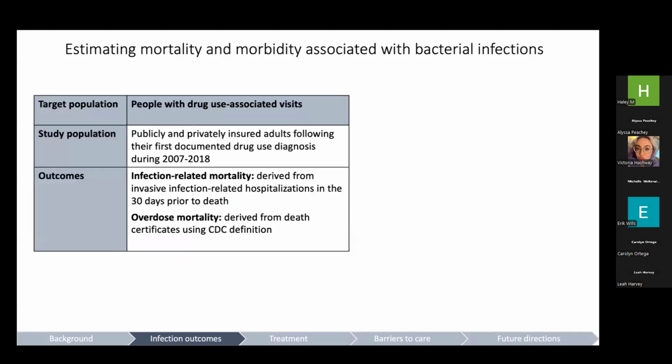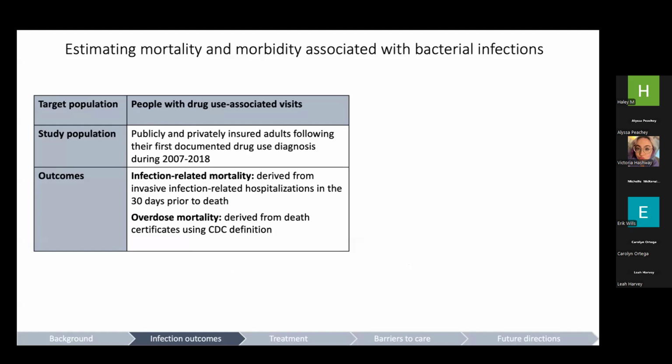And so specifically looking at people with drug use associated visits, this included publicly and privately insured adults. And the reason why we specifically included just people who had insurance was because we were able to capture things beyond just hospitalization data. So we could look at outpatient visits. We could also look at medication records.